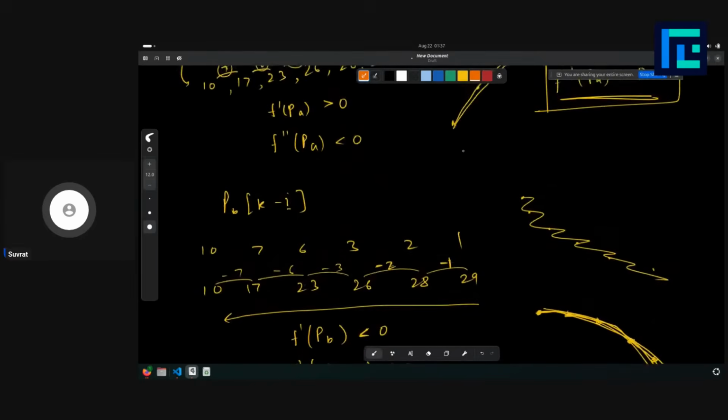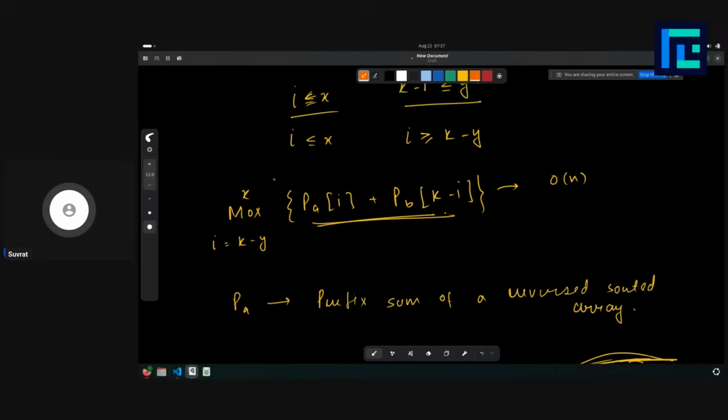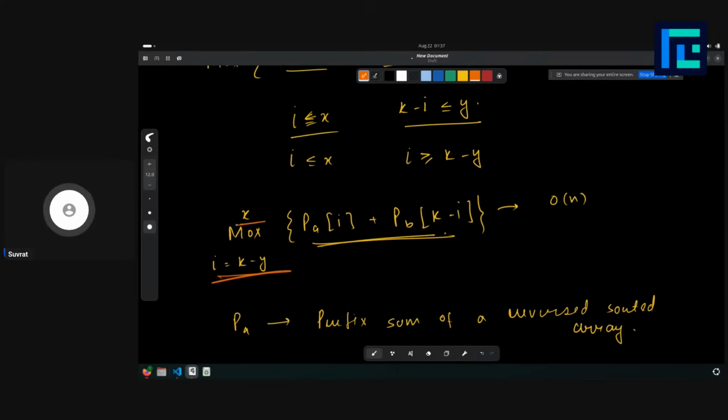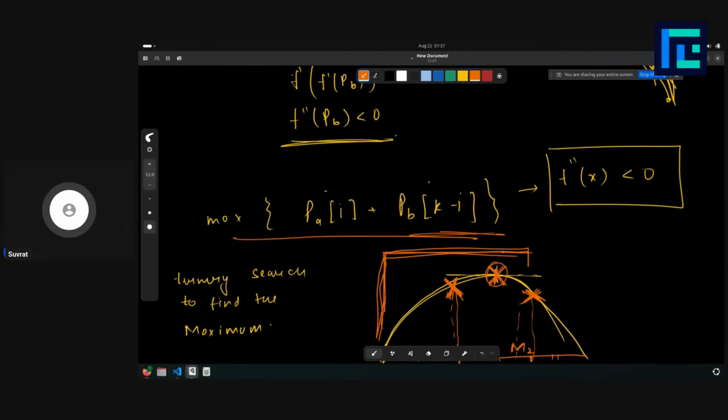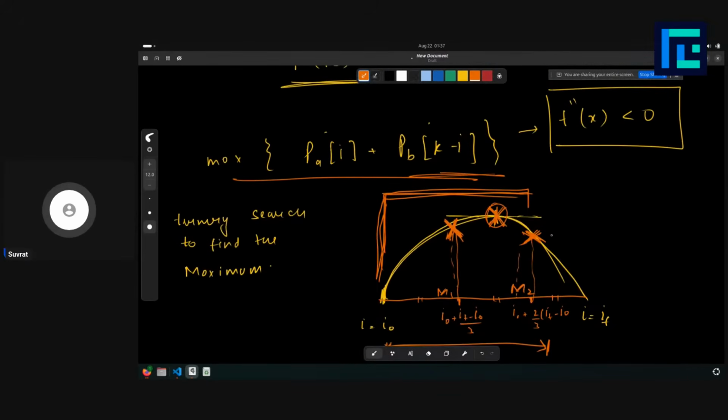Also, we will need to acknowledge these constraints for the search space. Ternary search reduces the search space: if the region was R initially, then it reduces it by 2 by 3 R. So it would again take at max log n steps.